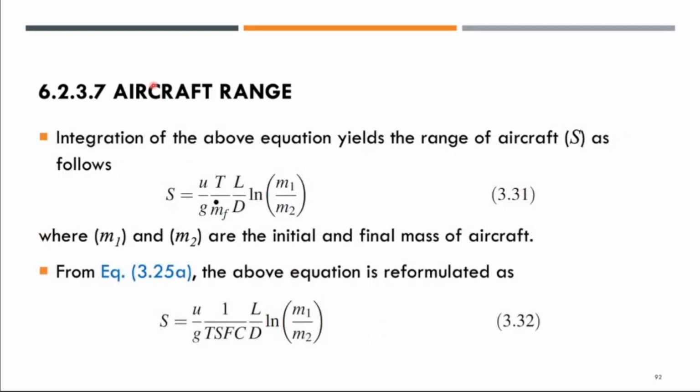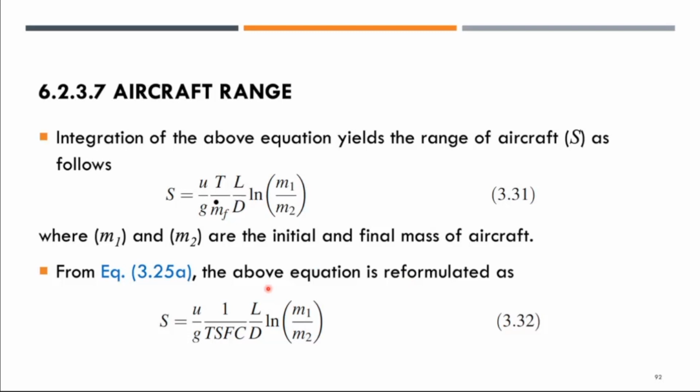Integration of the above equation gives the range of the aircraft S, in terms of the component here, 3.31, where M1 and M2 are the initial and final mass of the aircraft, from starting point A to point B. Point B is the final mass of the aircraft.